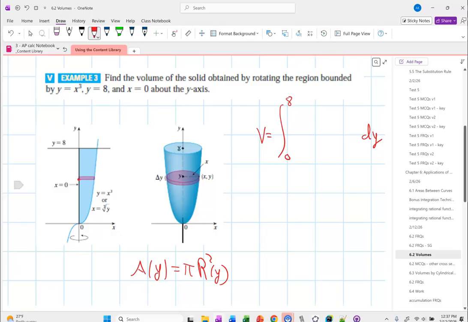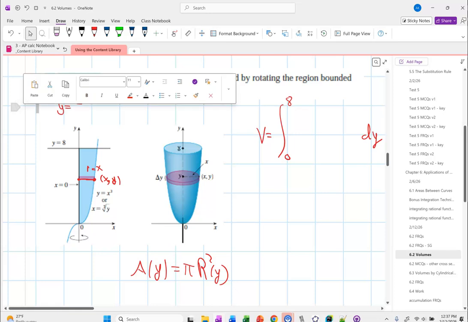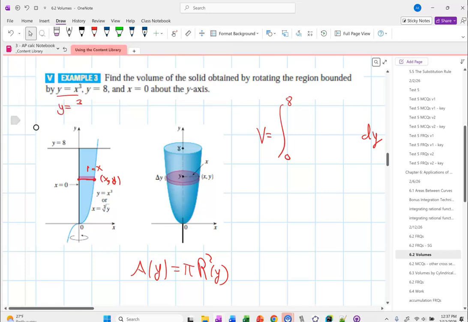But this time, these circles are dependent on y. So if I draw in that radius, it's going to go from here to here, right? So if that's the point on the curve, that's an x comma y. This distance is my radius, which is an x coordinate, because we're talking about over. Everybody's okay there? But I need to rewrite this x in terms of y. Since this point is on the curve, y equals x cubed.